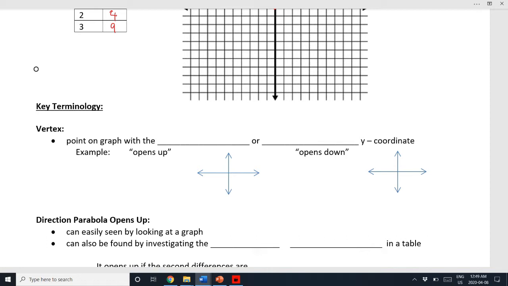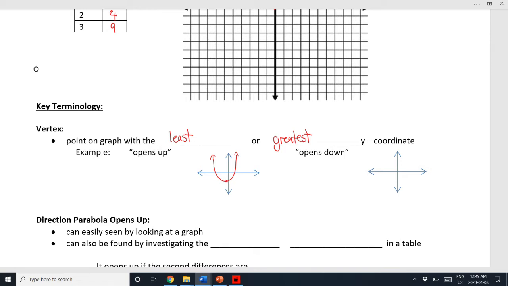A vertex is the point on the graph with the least or greatest y coordinate. For example, if we had a graph that looks like this, the least y coordinate is going to be the middle point right in the middle here.